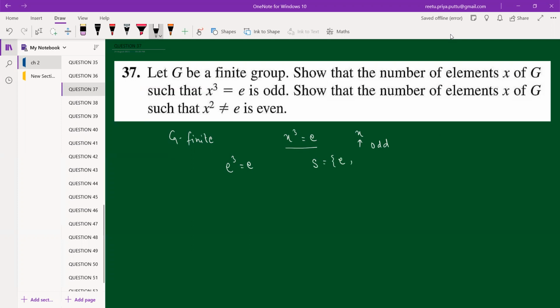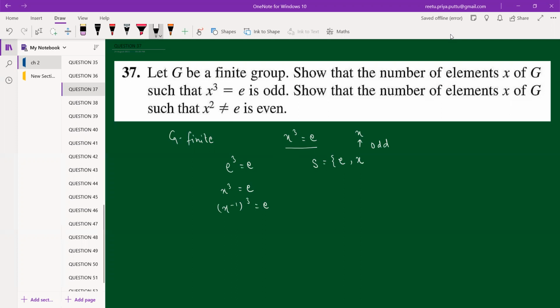And suppose I take any one element X, then I would like to see whether there is anything else which also satisfies it. So if X is in the set, that means X cube equals identity. So if X cube equals identity, you can see that X inverse whole cube is identity. Here I would like to add one thing.